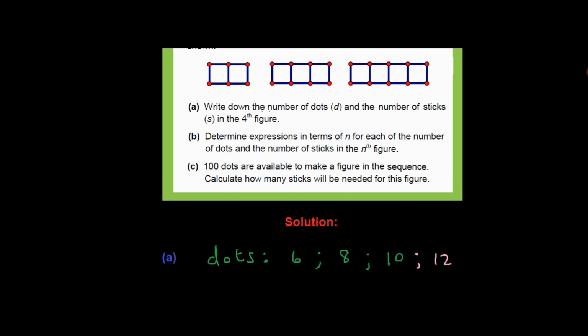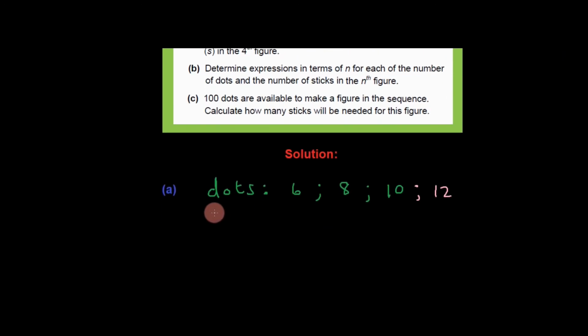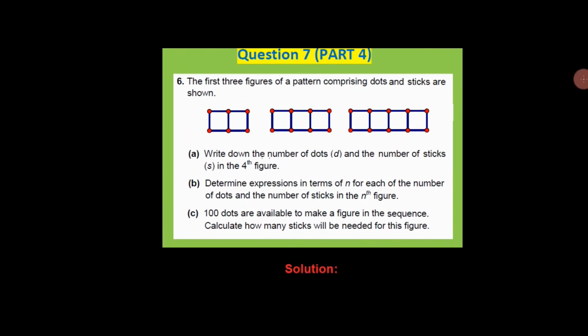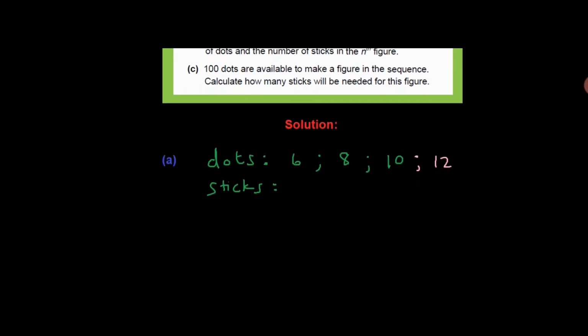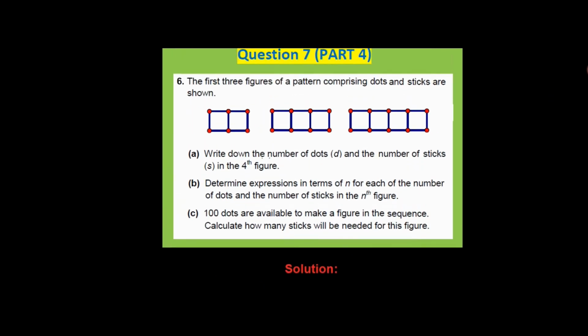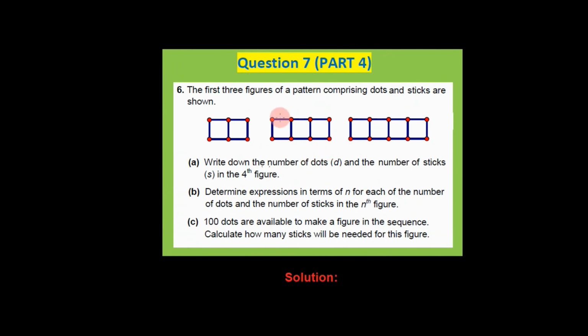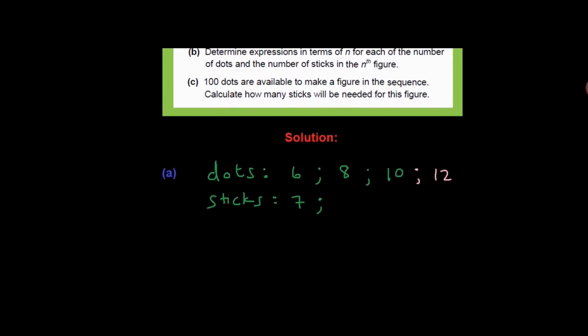Let's now look at the sticks. In the first figure, we have 1, 2, 3, 4, 5, 6, 7 sticks. In the second figure, we have 1, 2, 3, 4, 5, 6, 7, 8, 9, 10 sticks.